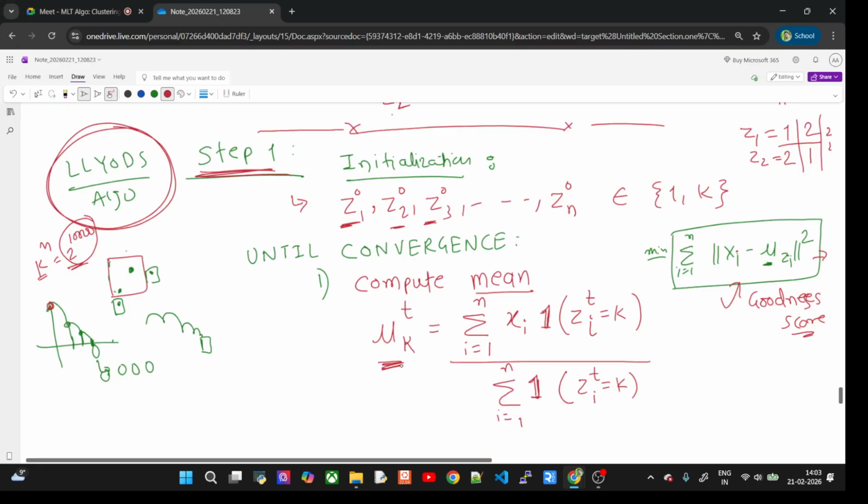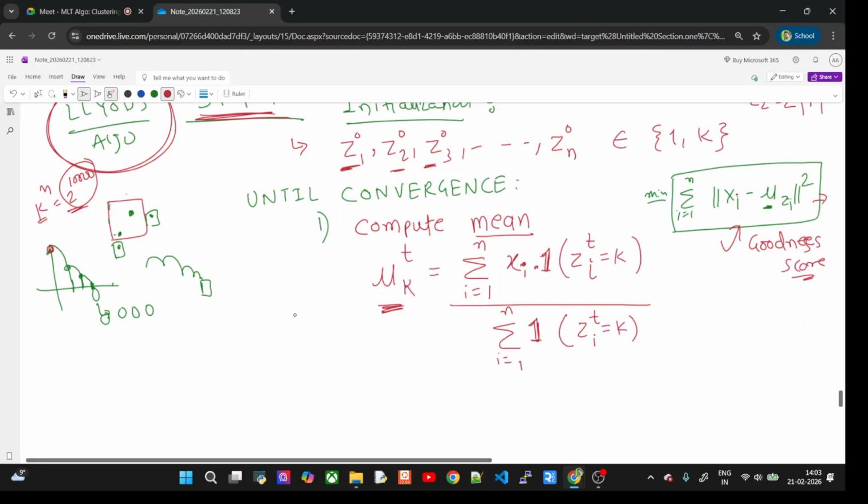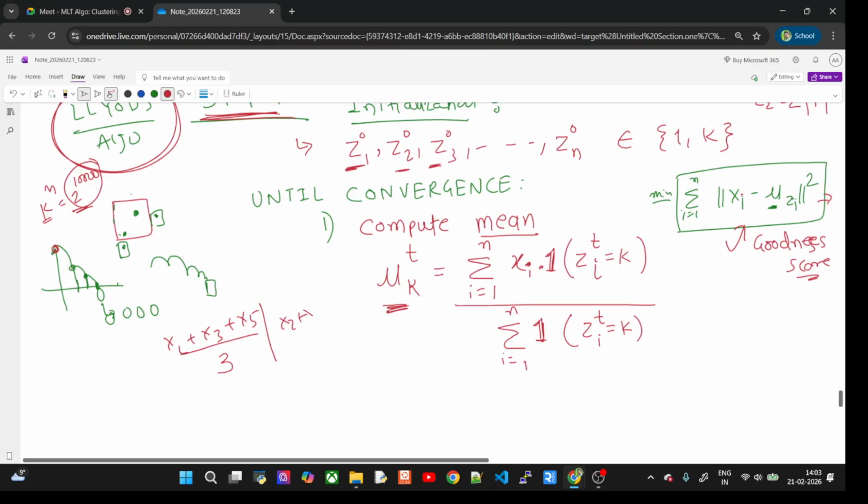The mean calculation has this formula: summation of i equal to 1 to n of xi into the indicator function that I mentioned, so x1 plus x3 plus x5 divided by 3, and x2 plus x4 divided by 2.